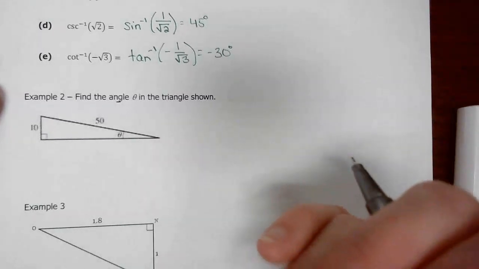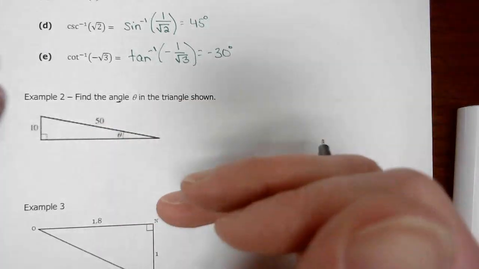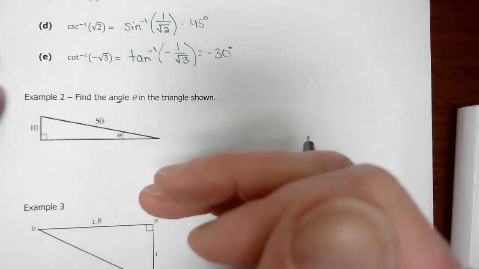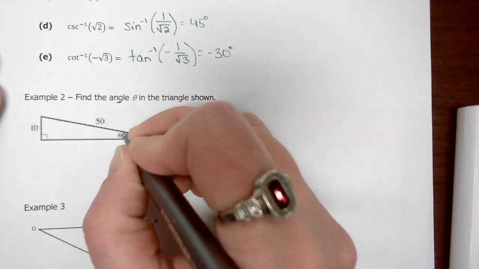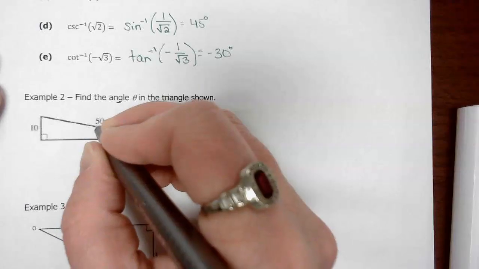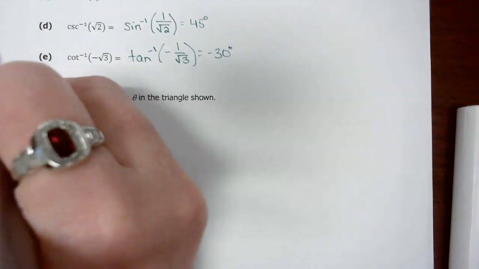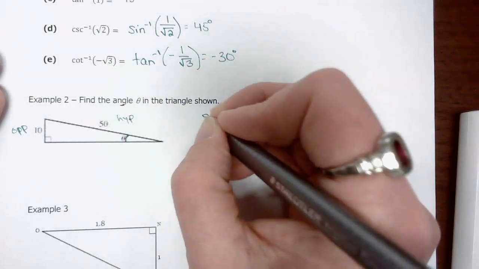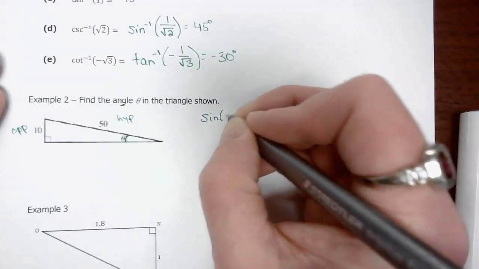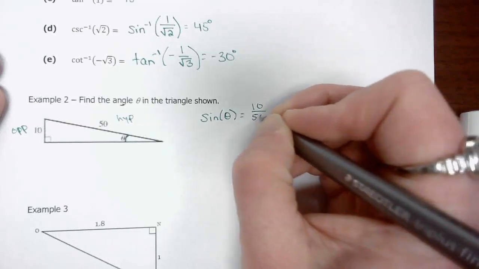So what we're going to be doing today is using the inverse trig functions to find angles. So I'm trying to find the angle theta here. And so 50 is across from the right angle, that's the hypotenuse. 10 is across, that's opposite. Opposite hypotenuse, that's sine. So sine of theta equals opposite over hypotenuse.